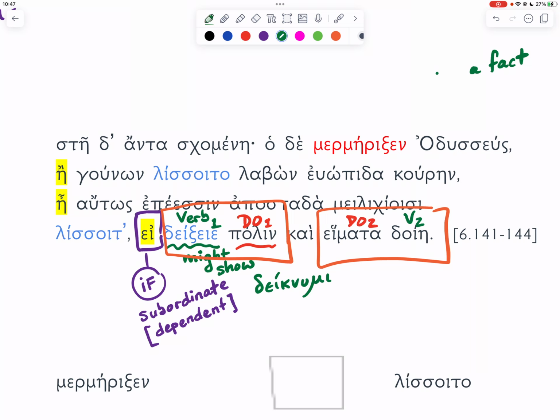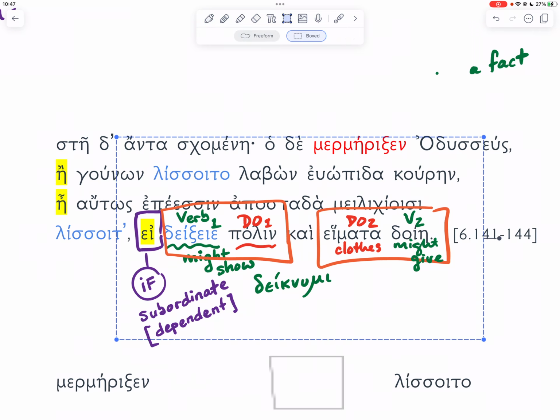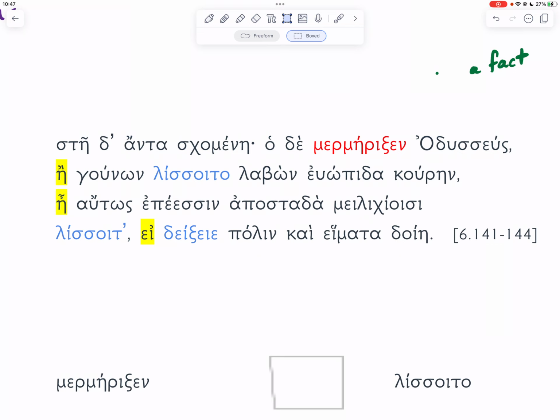And if she might give him what? The clothes, some clothes. So that's the translation with a little exposition on what optative verbs do.